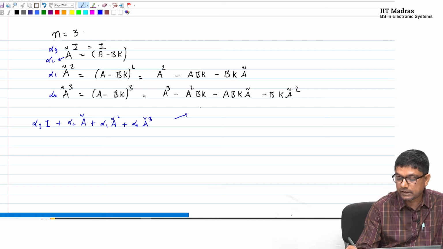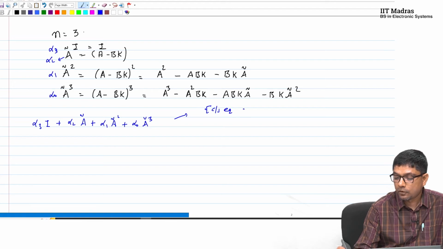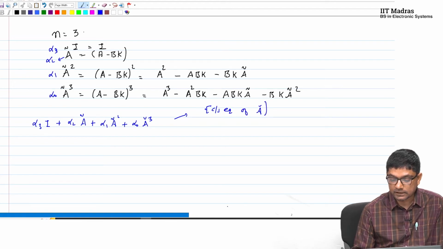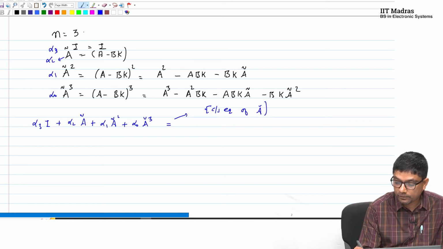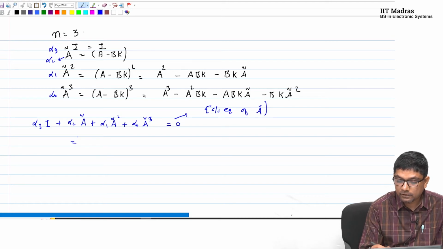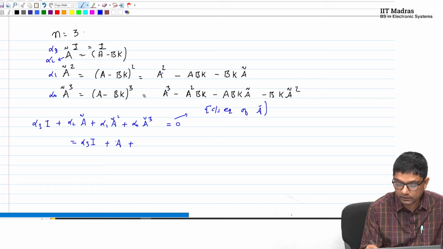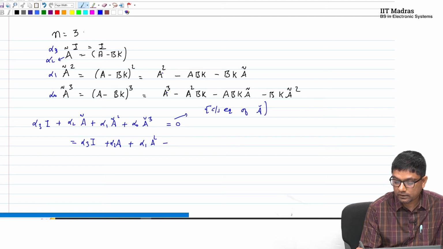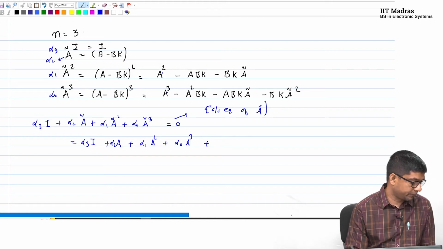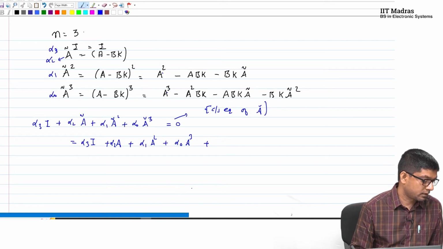This is the characteristic equation of A tilde, and it will satisfy its own characteristic equation, so this will be 0. On the right hand side, now I have I, A, A square, A cube. Again I have to multiply all these things by alpha 3, alpha 2, alpha 1 A square plus alpha naught A cube, plus a bunch of other terms.